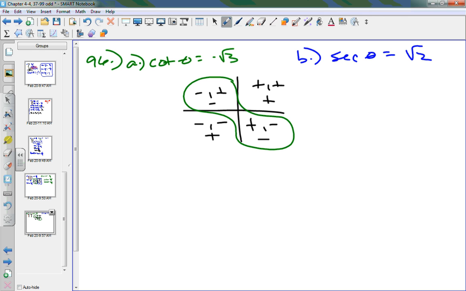So if I'm going to do, which one do you want to do first? You want to do 30 or 60? 30. So if I'm going to do the sine of 30 degrees, the sine of 30 degrees is going to be 1/2. The cosine of 30 degrees is going to be square root of 3 over 2.